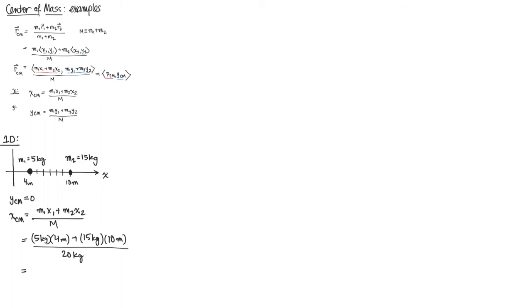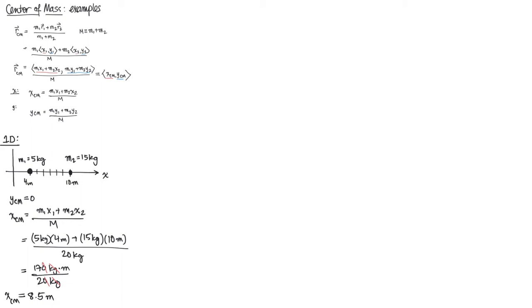So up top we have 20 plus 150, that's 170. And in the denominator we have 20 kilograms. Kilograms cancel, and we're left with 17 over 2, or 8.5 meters.